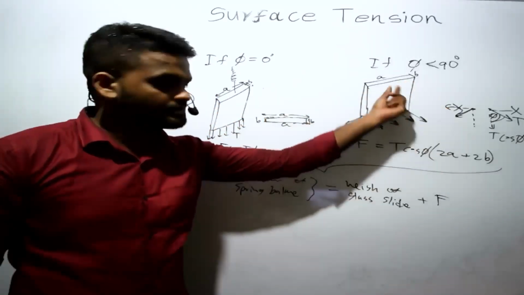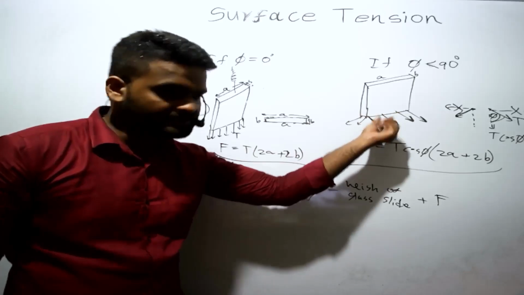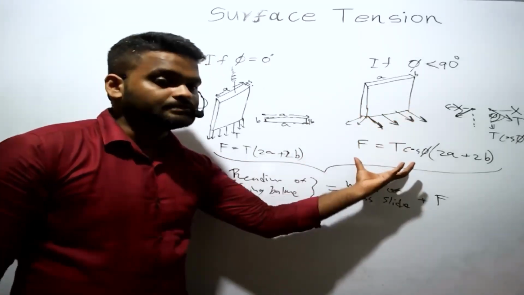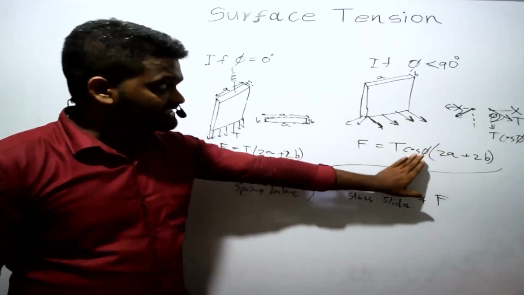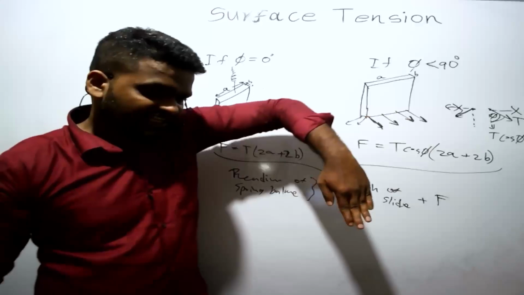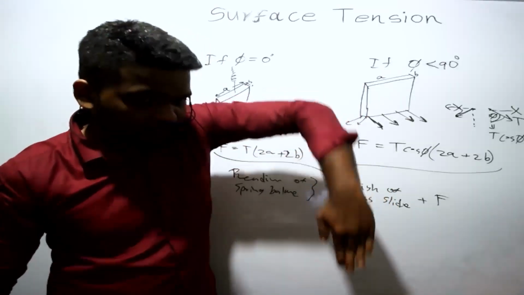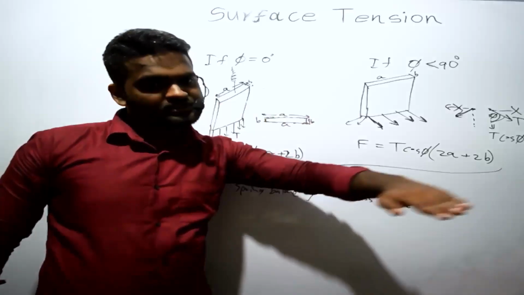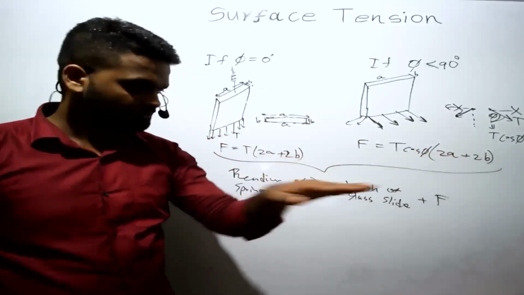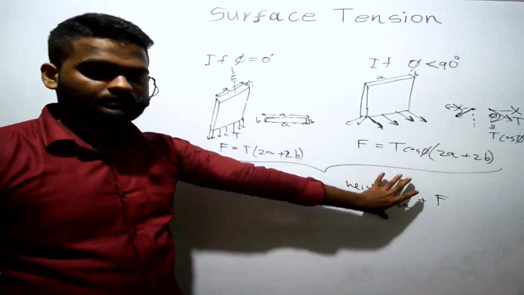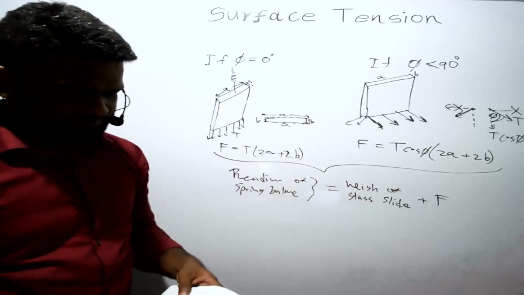Here the same case. Weight of the glass slide plus surface tension force. But here, since the surface tension is inclined, you need to get the vertical components. All the horizontal components cancel off. Okay, write this down.